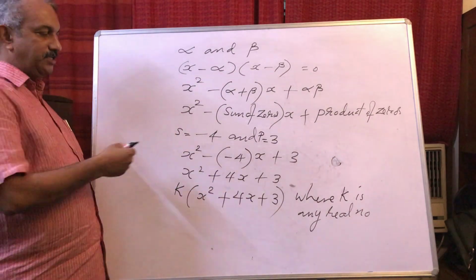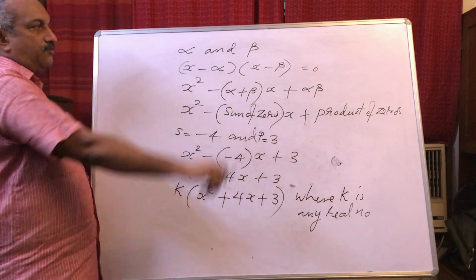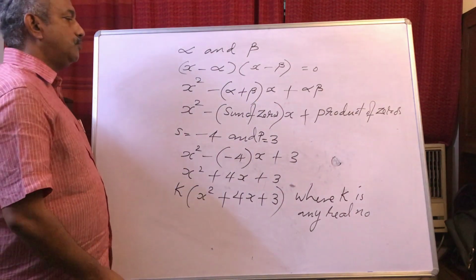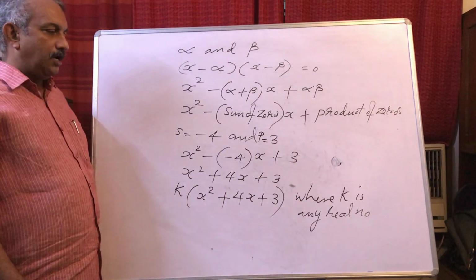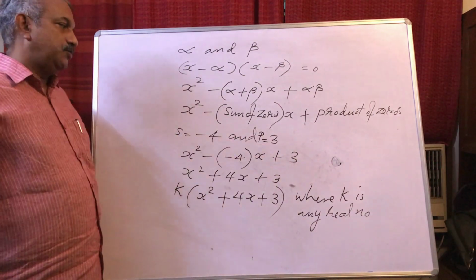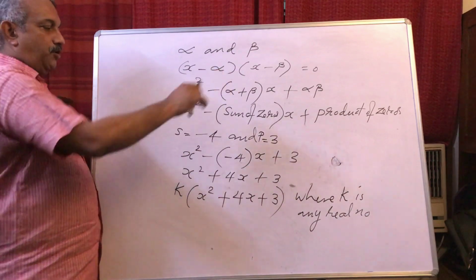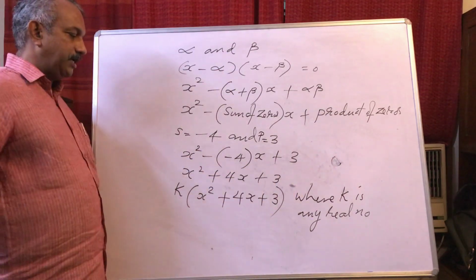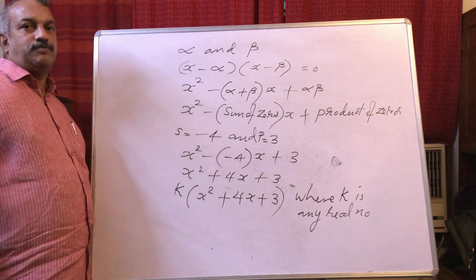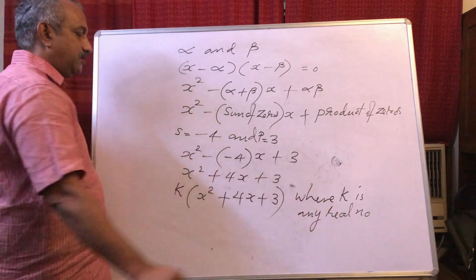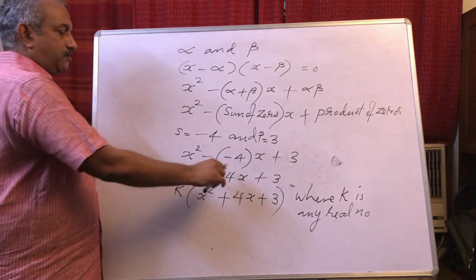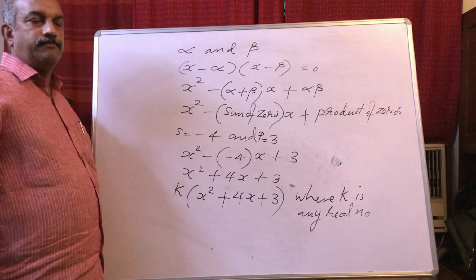Last point, I will tell you once again. The question is to find a quadratic polynomial whose sum and product of the zeros are minus 4 and 3. The formula is x square minus sum of the zeros into x plus product of the zeros. When we substitute, we get x square plus 4x plus 3. Now suppose I multiply this throughout by 2: 2x square plus 8x plus 6.